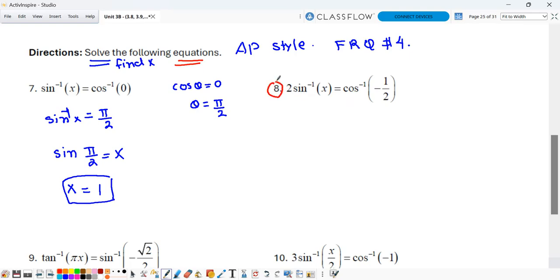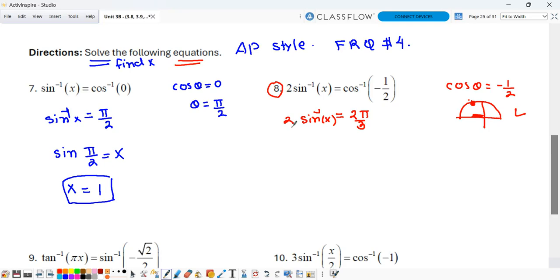Okay, so let's take a look at example 8 here. Really cool problem. Cosine inverse of negative half. So go to the side. Cosine theta is negative half, which is here. Cosine inverse is there. So what would be that angle? A large angle, right? And that is 2 pi over 3. So this is 2 pi over 3 equals 2 sine inverse x.